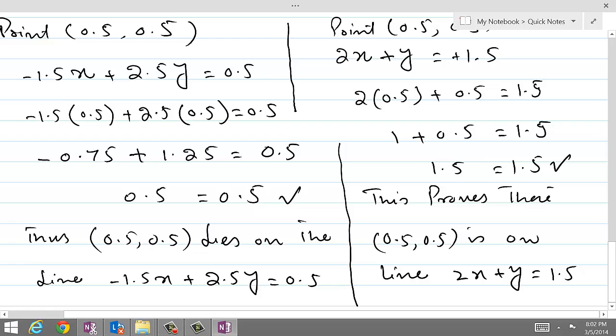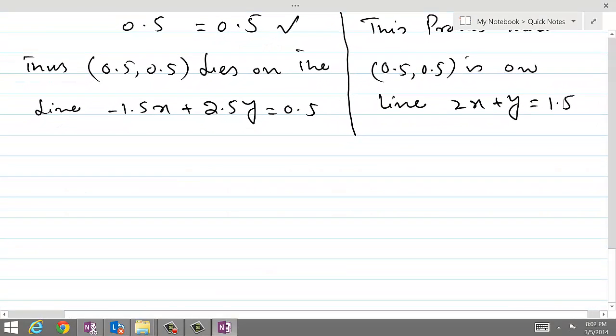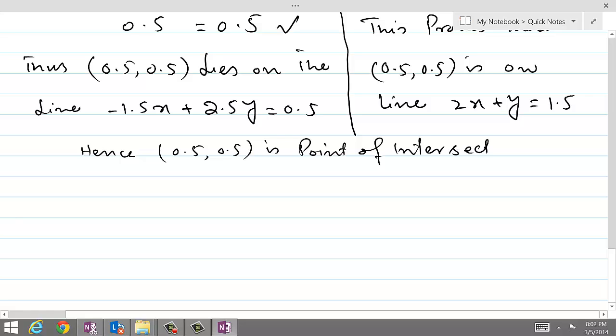This proves that this point is at the intersection of both lines. Hence (0.5, 0.5) is the point of intersection for both lines.